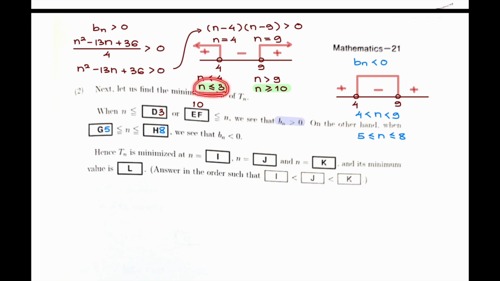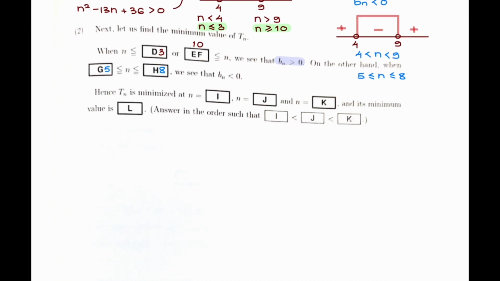So when n is less than or equal to 3, it's a positive number. For B1, B2, B3, it is a positive number. Don't forget Tn is the sum of Bn. You need to remember this one.